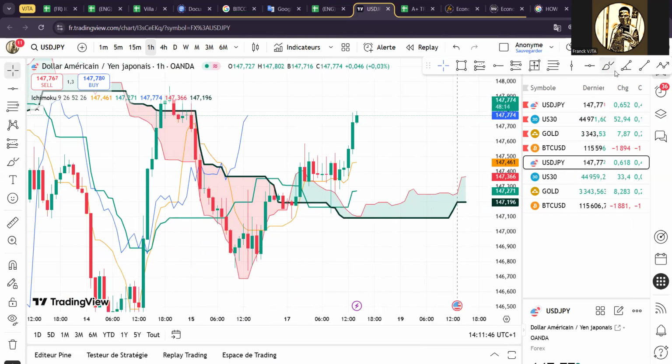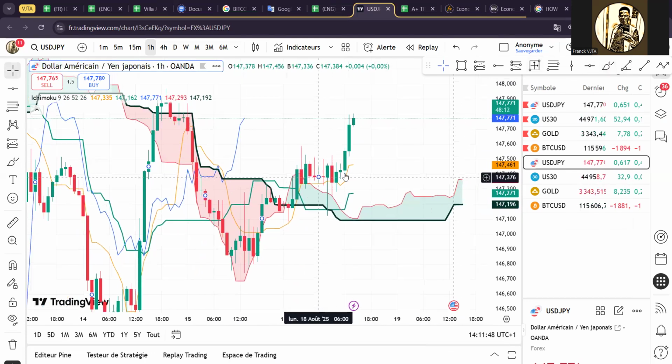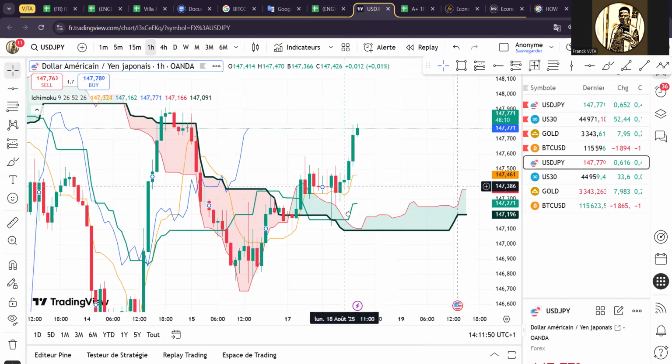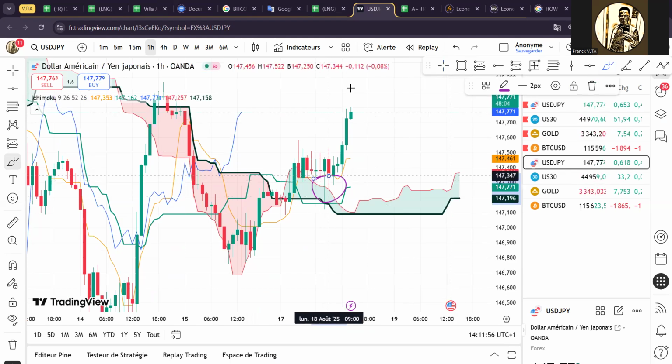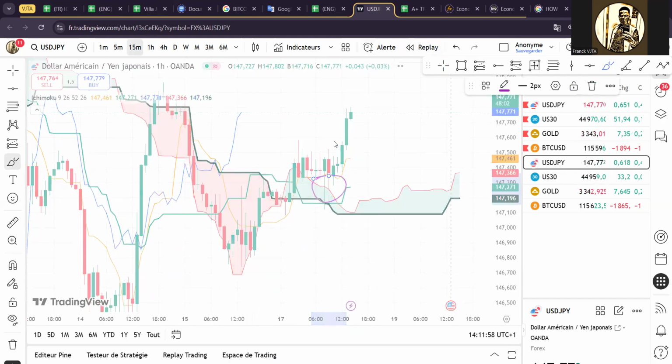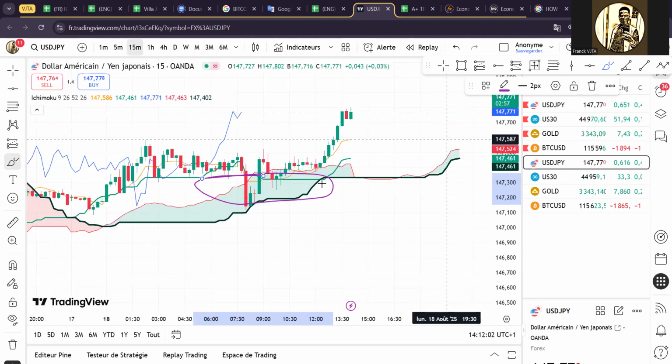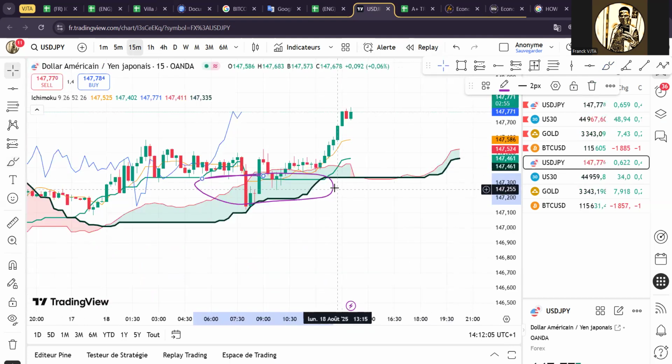When you want to enter, this is a Tenkan setup, right? You go on 15 minutes, you want to enter because you had a Tenkan setup for 1 hour.